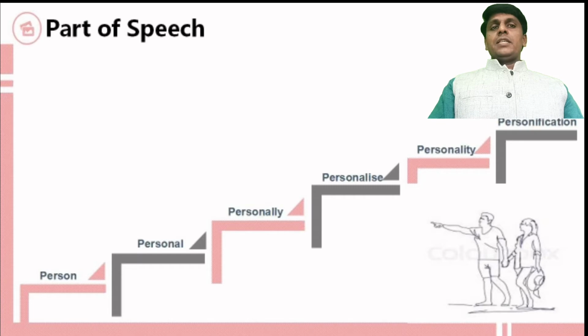But let me remind you, when I talked in the first video, I said I must know how to play with words. And playing with words is related to part of speech, like pronunciation and spelling. Take an example of the word person.